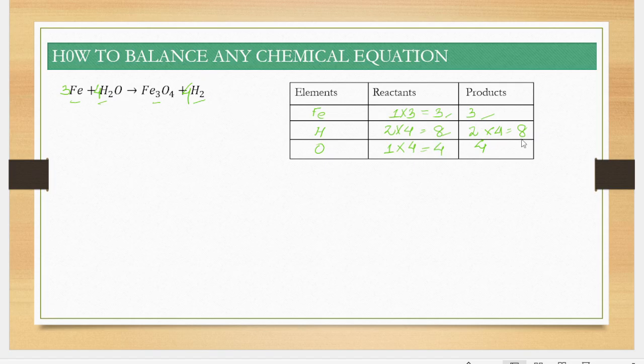Oxygen 4 here, also 4 here. We have checked that the total numbers of atoms on both sides are equal. So this is how you have to balance the chemical equation. I hope you understood how to balance a chemical equation.